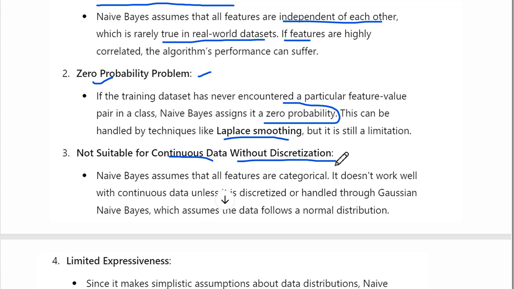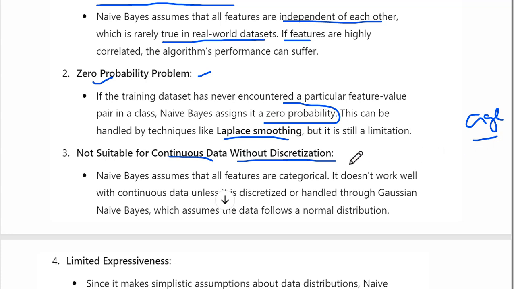Discretization means splitting the data into some number of bins. For example, take the age column, having different continuous values, for example 10, 20, 30, 40, 50. If we consider it like this, we do not get good performance in the naive Bayes algorithm. What we have to do is convert this age column into discretized form.